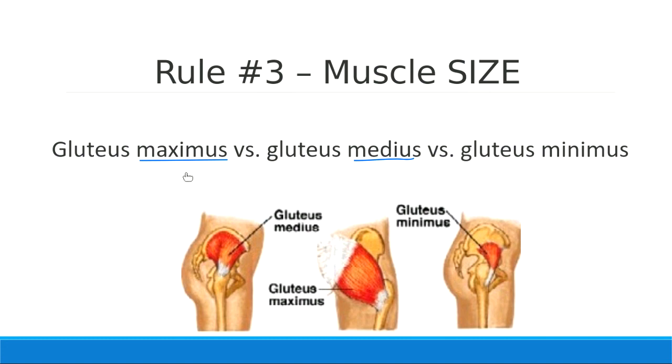This word maximus means it's really big. If you have something that's named maximus, you're going to have something that's smaller than it. So something that's named minimus or something that's named medius. By the way, this gluteus word, the first word in its name, is another example of a location word, because remember we have the gluteal region in the body.